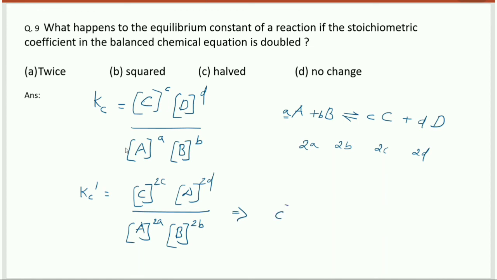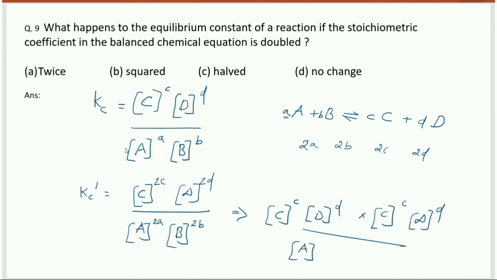So C raised to c and D raised to d into C raised to c and D raised to d, divided by A raised to a, B raised to b, A raised to a, B raised to b.